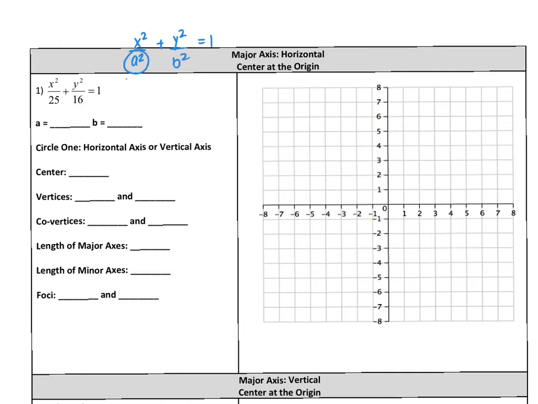A squared is always the larger number. So if the larger number comes first, we take the square root of that. We get 5. That goes in for a. We take the square root of 16. That gives me 4. And that would be the smaller number. So since the larger number is coming first, we know we have a horizontal major axis. The x squared and y squared have nothing next to them, so it's just going to be 0, 0.